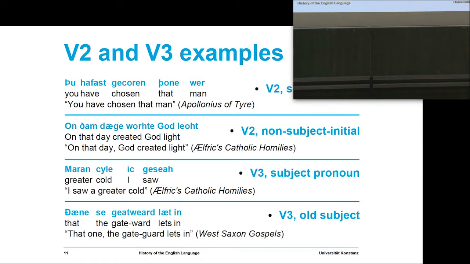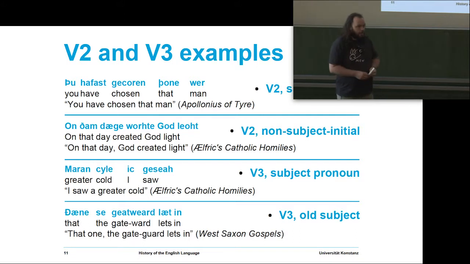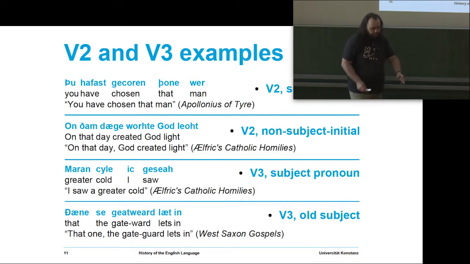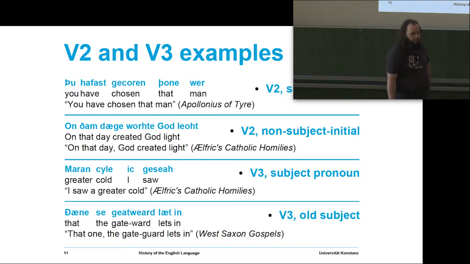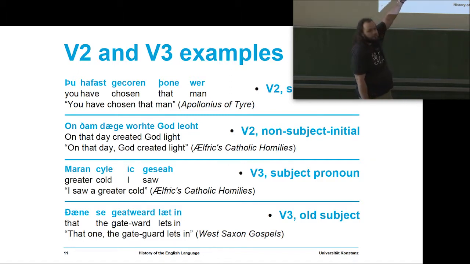This second example is the crucial one, because this second example is the example where Old English and modern English behave differently. On tham day wordt de God licht. On that day, God created light. In modern English, you have to translate it with the verb after the subject.